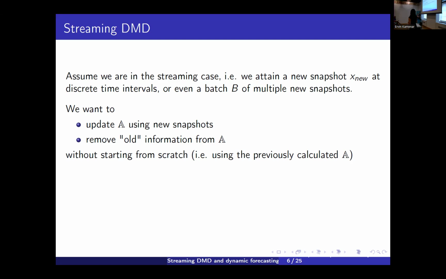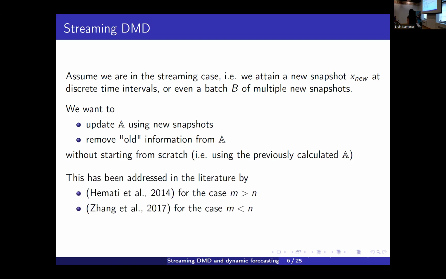And we want to use the A that we already have. So we don't want to start from scratch, but instead we want to update what we had already achieved and calculated so far.